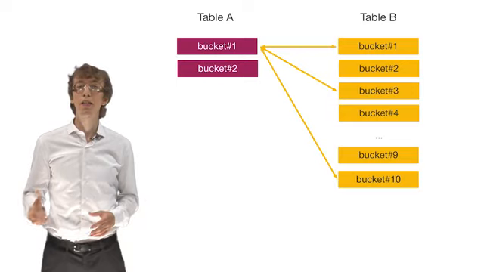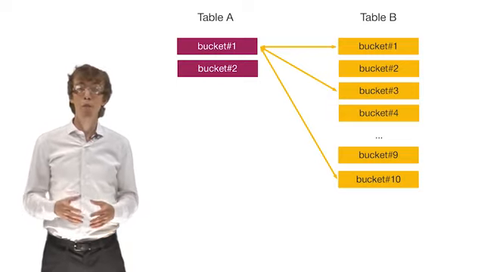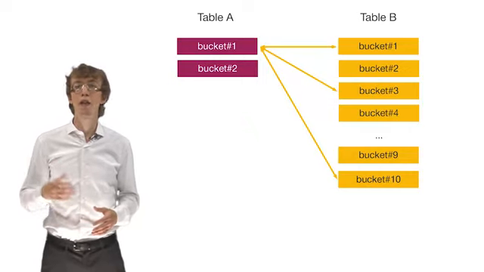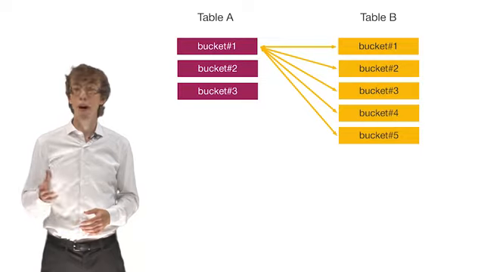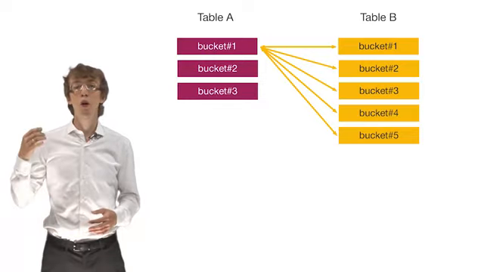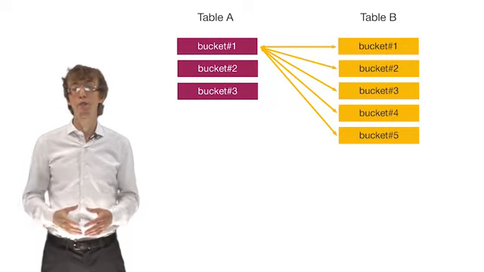Having 2 buckets in table 1 and 10 buckets in table 2, the first bucket in table 1 will correspond to odd buckets in table 2. But having 3 buckets in table 1 and 5 buckets in table 2, you have to read all the data from the other table to perform a join.